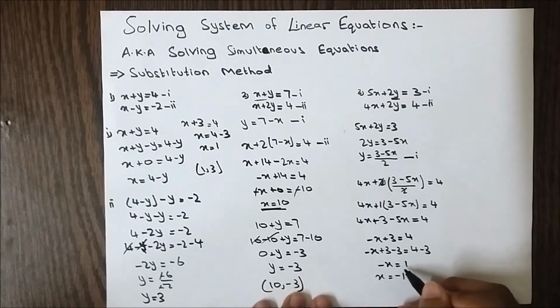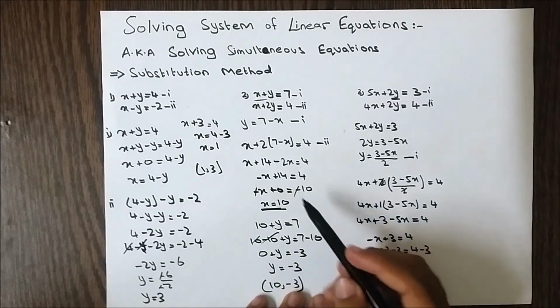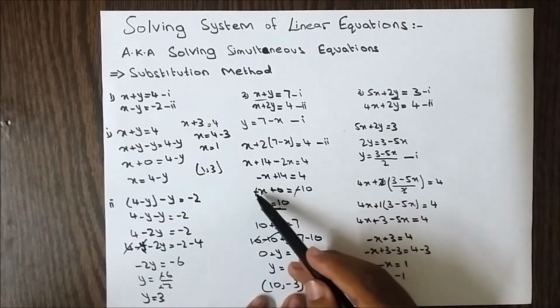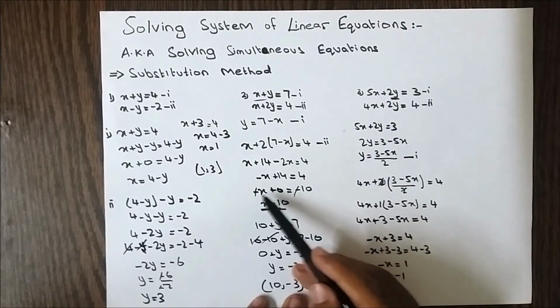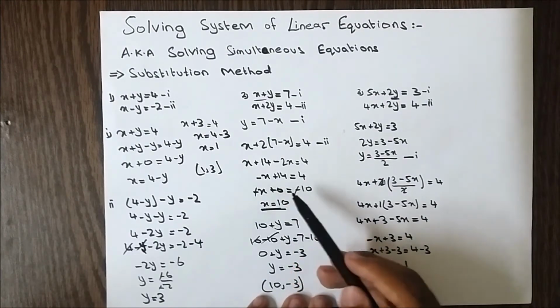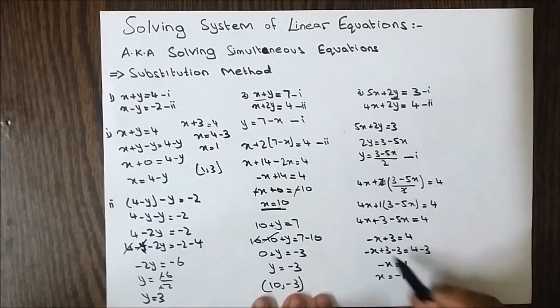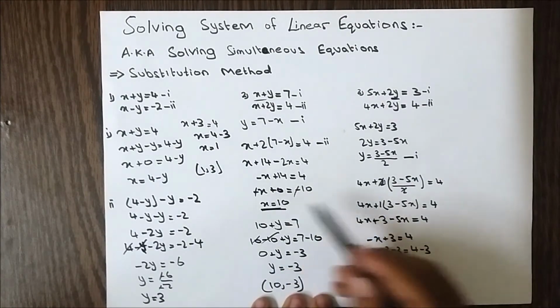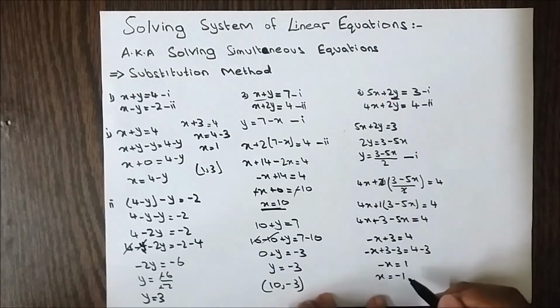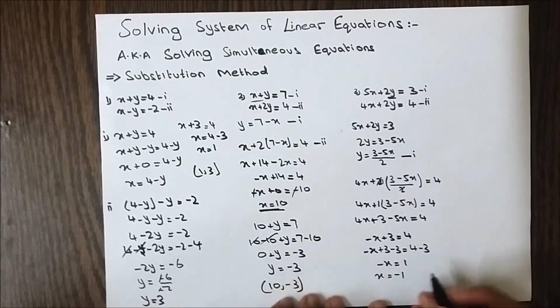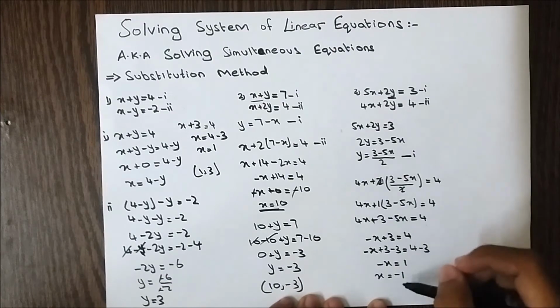This minus sign jumps over here, like in this question we did. Over here, it was minus x minus 10. So when we multiply with minus 1 over here and here, we get positive 10 and positive x. Here we had a positive and here we had negative. This negative becomes positive and this positive becomes negative. So we have our x is equal to minus 1.